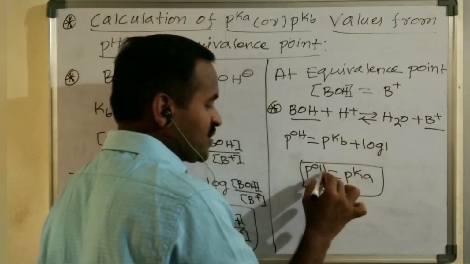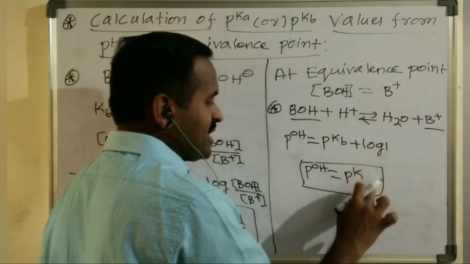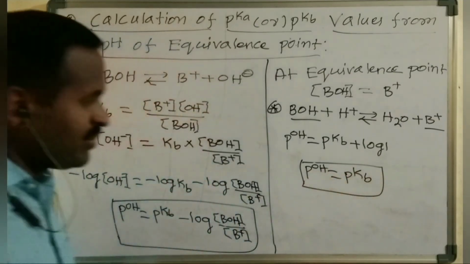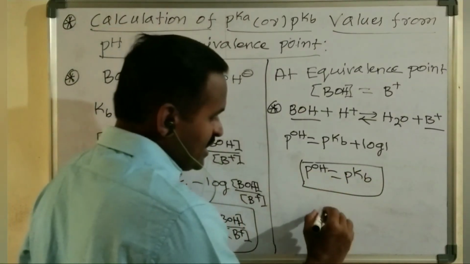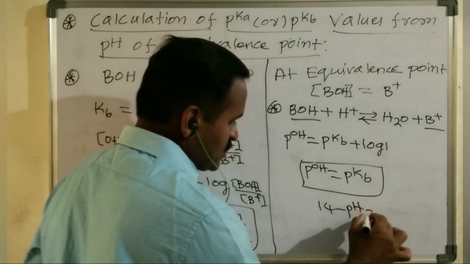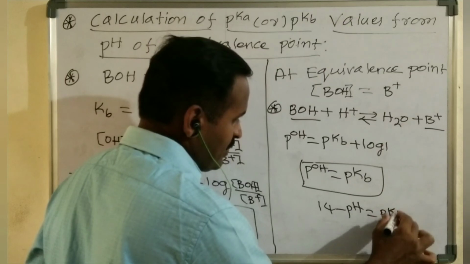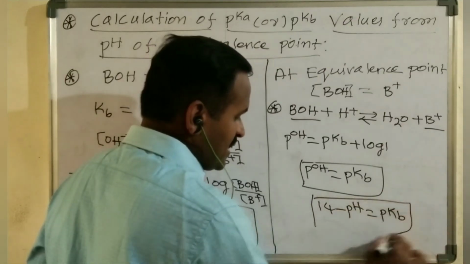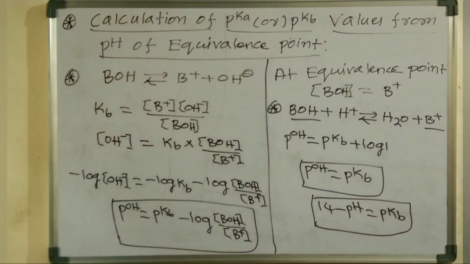Here pOH is equal to pKb. We already know pOH is 14 minus pH, so 14 minus pH is simply pKb. This formula will be helpful to find pKb.